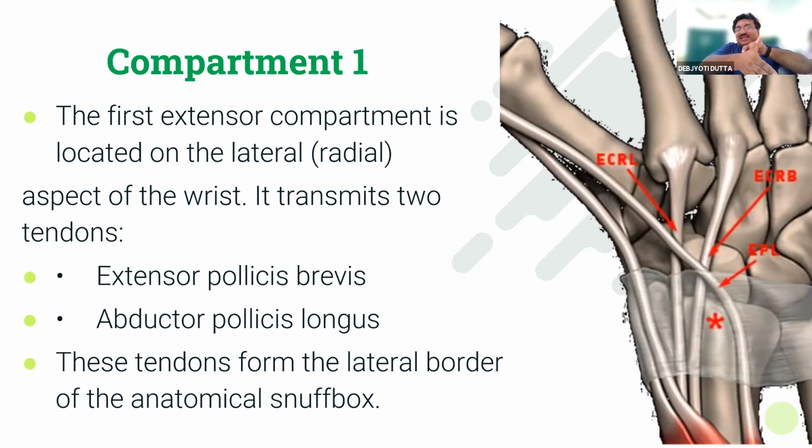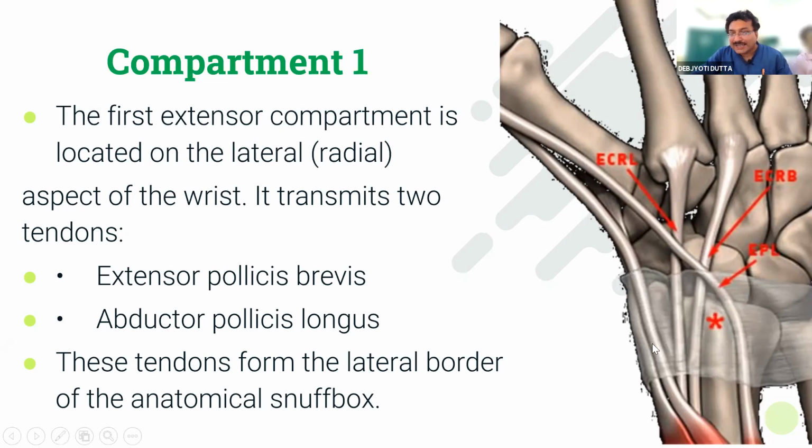The extensor pollicis brevis forms the lateral portion of the anatomical snuffbox, as our anatomical position is like this, and the extensor pollicis longus forms the medial portion. So the anatomical snuffbox is in between these two tendons.